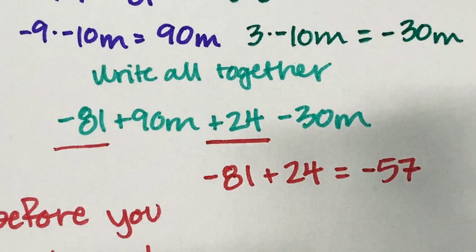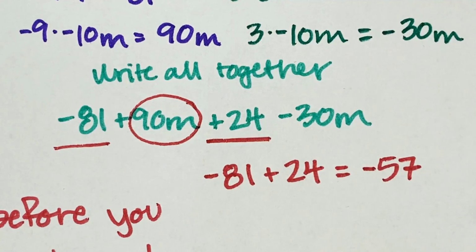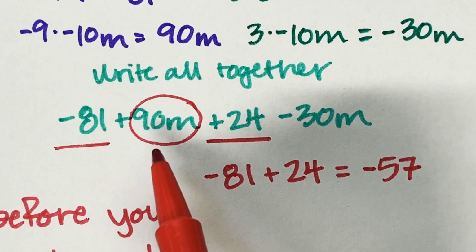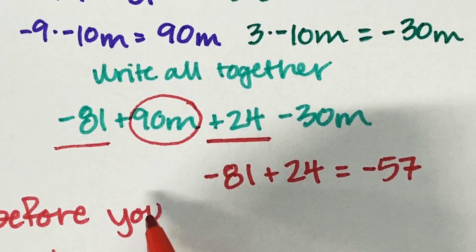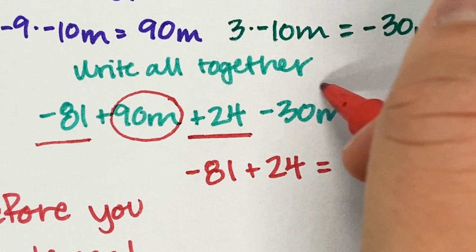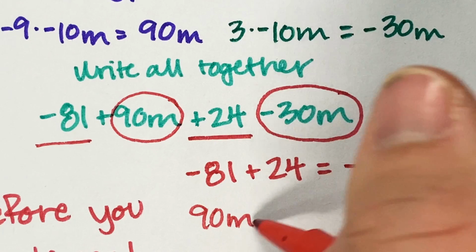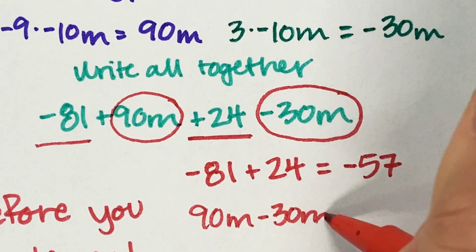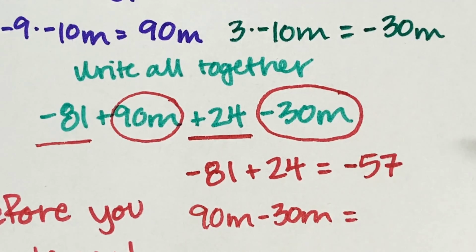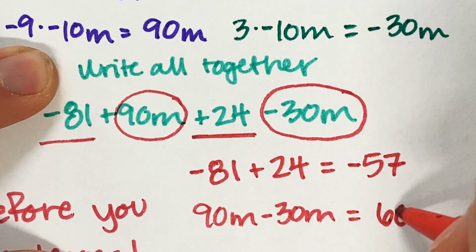Okay, let's find our other like terms. Okay, so our second term is this 90m. Okay, so do you see any other terms with an m, just m to the first power attached? Yep, so we have negative 30m. So what is 90m minus 30m, or 90 minus 30? What is that going to give me? It's going to give me 60m.